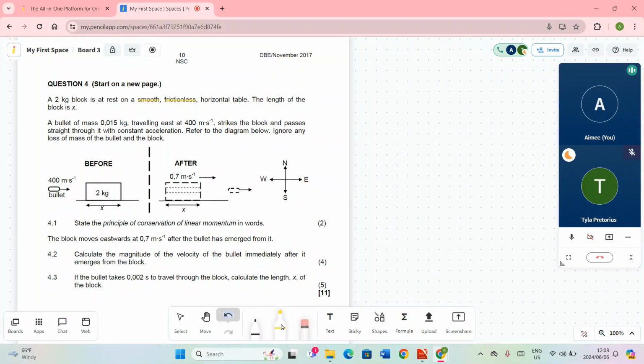So question 4.1 says, state the principle of conservation of linear momentum in words.